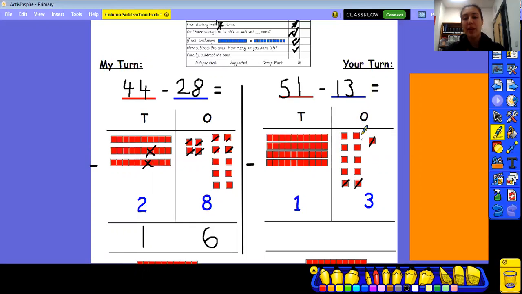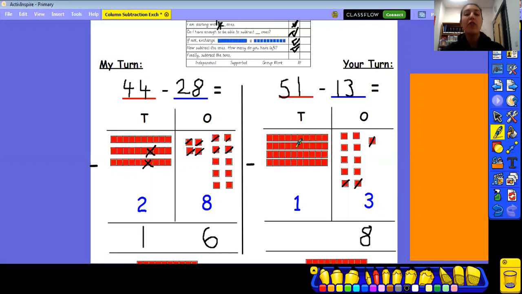Fabulous. And then how many ones do we have left? Well done, we have 8 ones left. So now that I've been able to subtract my ones, I can finally subtract my 10s. So I'm starting with not 5 10s anymore, because one of those 10s became 10 ones.